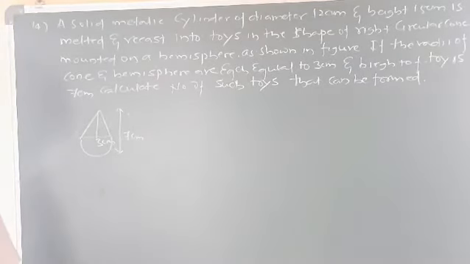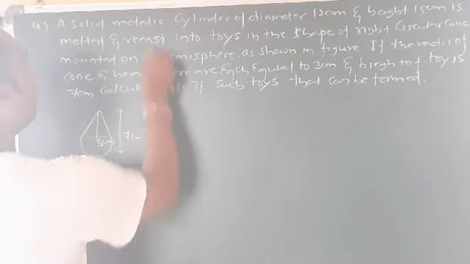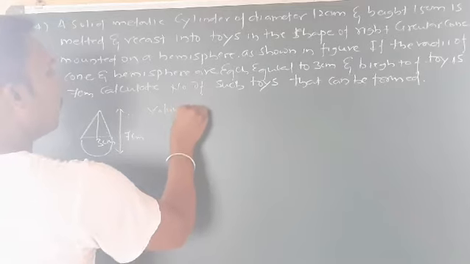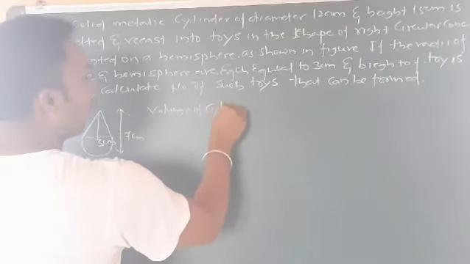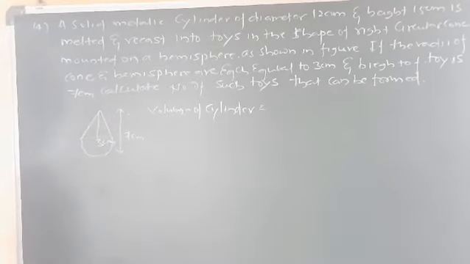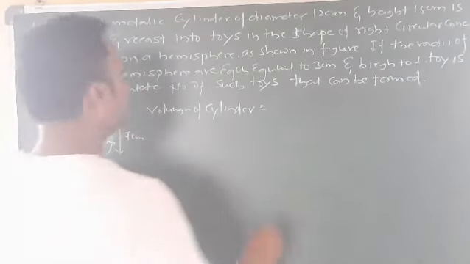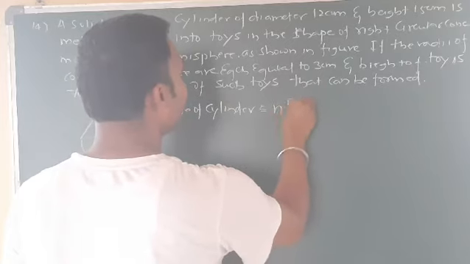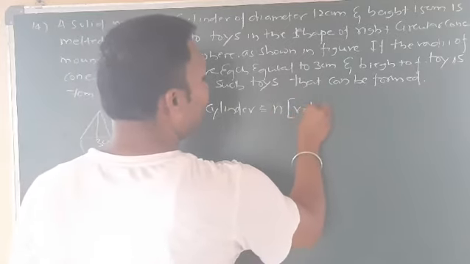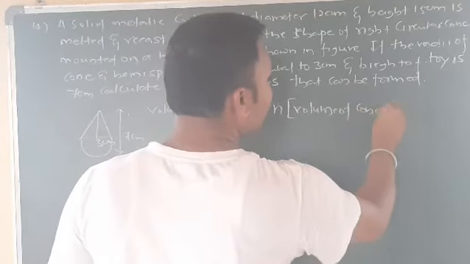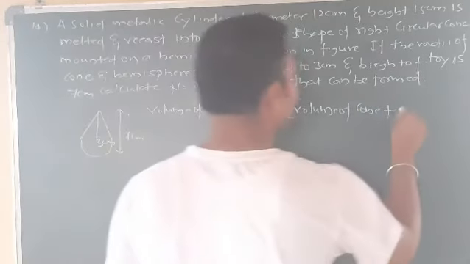Now the volume of the cylinder is equal to n, the number of toys we need to calculate, into the volume of the cone plus the volume of the hemisphere.